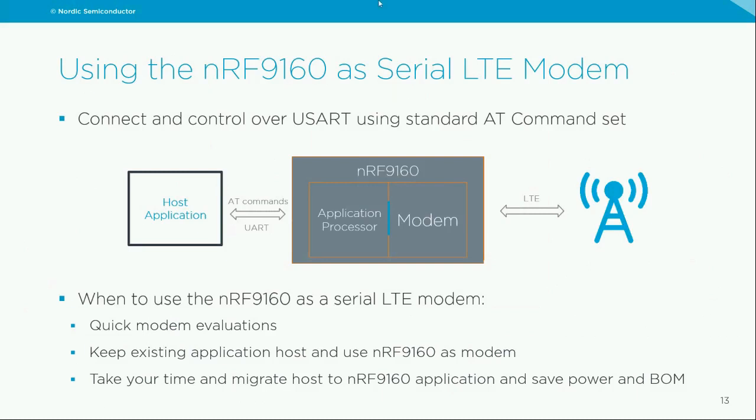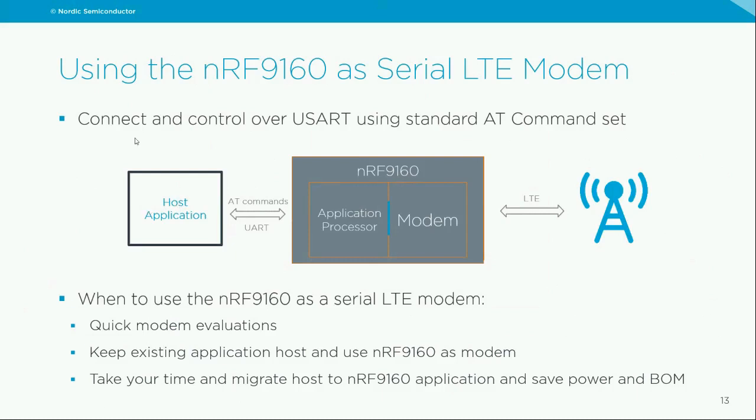As a serial LTE modem, you basically connect to the 9160 over a standard UART, and you use a standard AT command set to control everything from a host application, instead of running the application on the application processor on the 9160. And there can be several reasons for doing that.